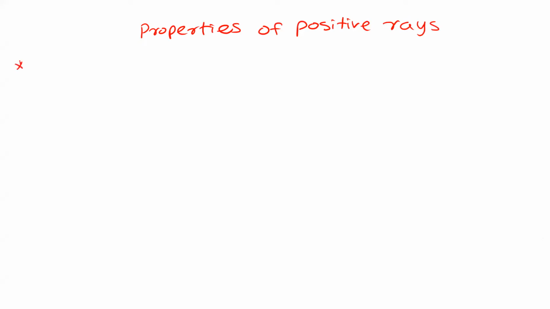So they also travel in straight lines. How did they find it?